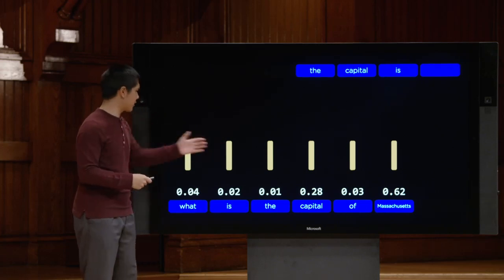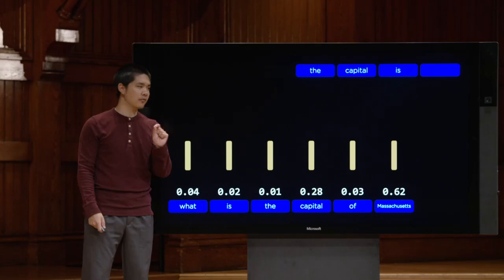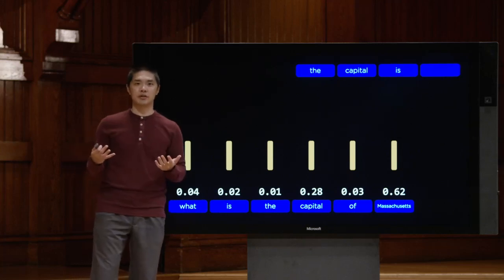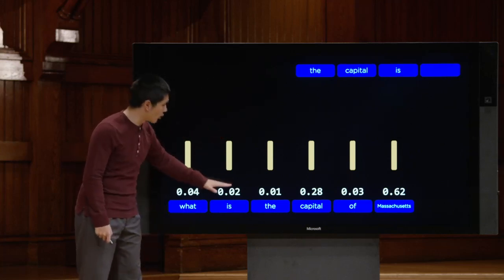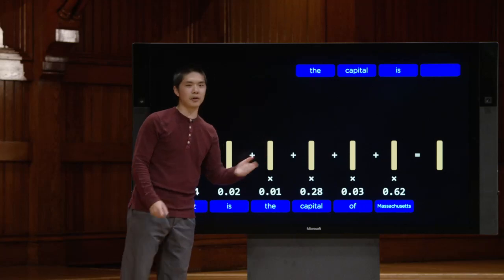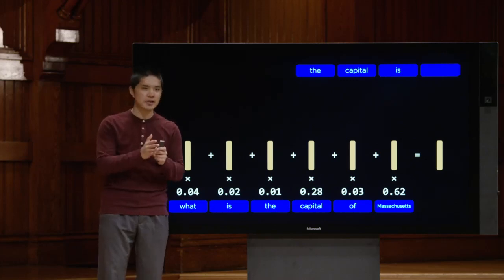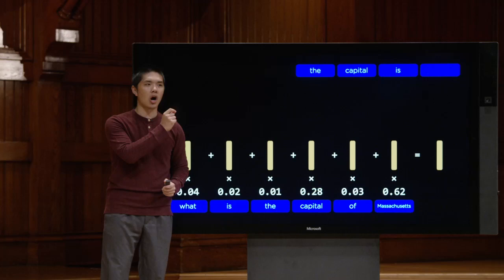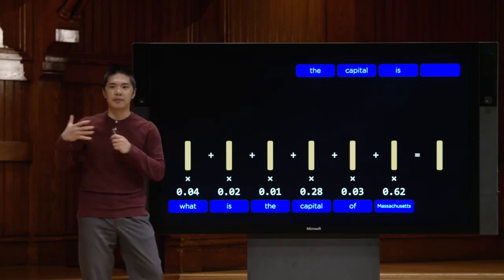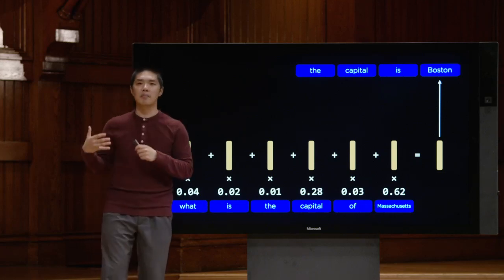And so what we can now do, if we have all of these vectors and values representing how important it is for us to pay attention to those particular vectors, is take a weighted average. We can take all of these vectors, multiply them by their attention scores, and add them up to get some new vector value, which is going to represent the context from the input, but specifically paying attention to the words that we think are most important. And once we've done that, that context vector can be fed into our decoder in order to say that the word should be, in this case, Boston.